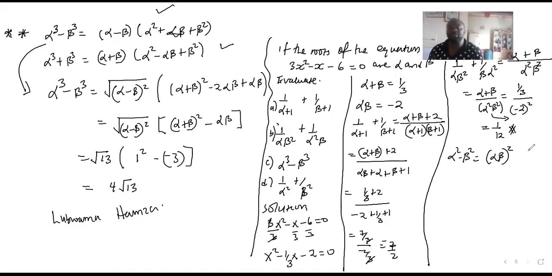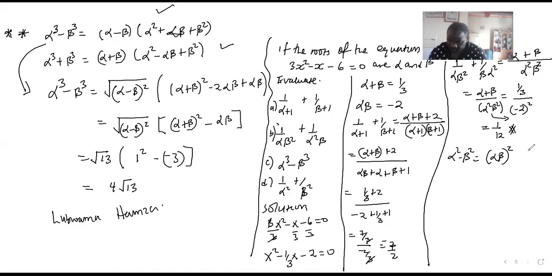So ideally it is the product squared. Okay, so we can have that down.